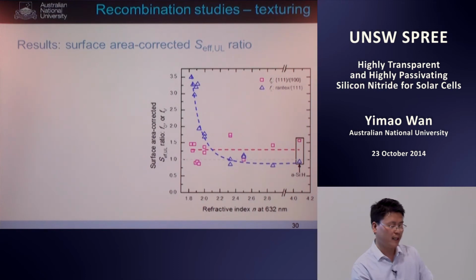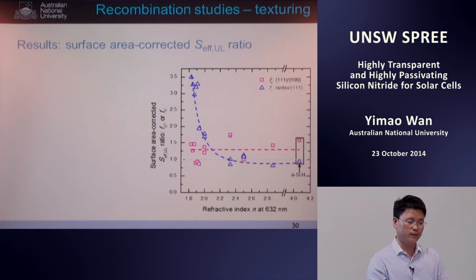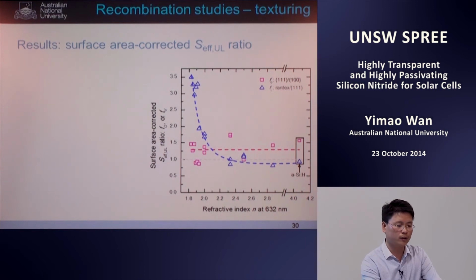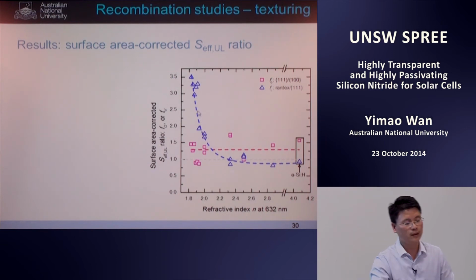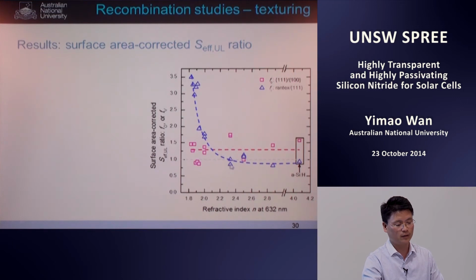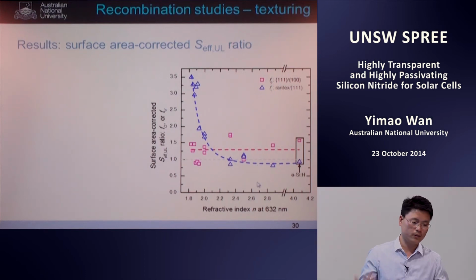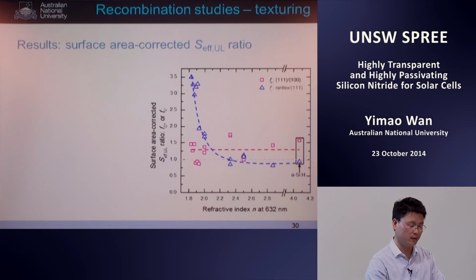and we can comment later. And then we present the recombination ratio for pyramids or vertices or edges, by comparing random texture to planar 111. Then we can see the ratio relates strongly to the refractive index, or to the stoichiometry of the film. It shows quite a high ratio and decreases strongly up to about 2.3. For films above 2.3, the recombination ratio is quite close to unity, 1.0.